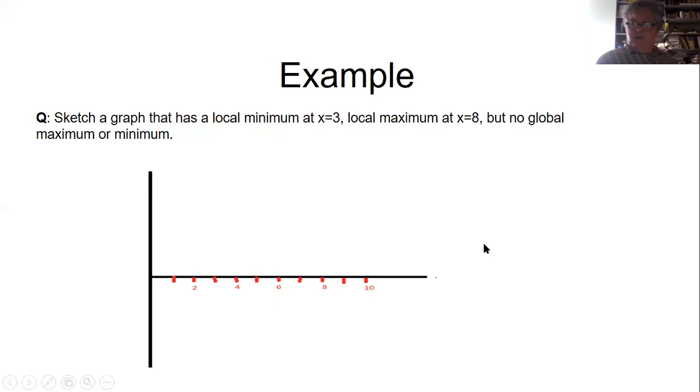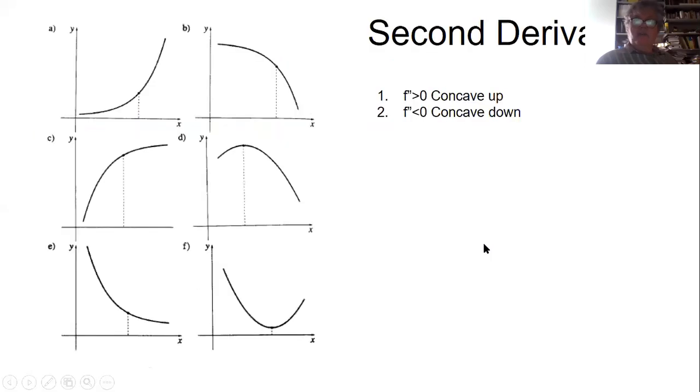If we look at the second derivative that we just learnt about, we know that if there's a positive second derivative, the graph is concave up, and if it's negative, it's concave down. So here we have some situations.